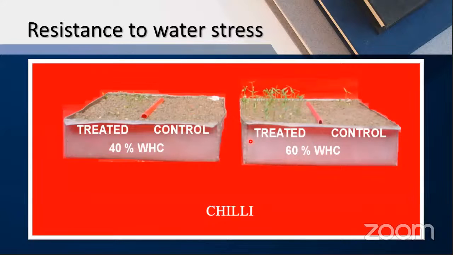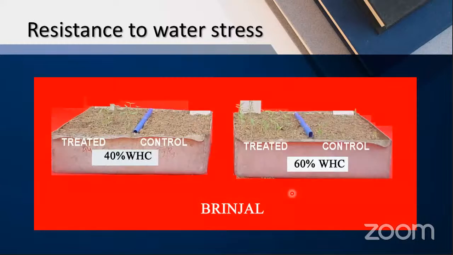But under 60% water holding capacity, when you have some more water added to the sand, you can see the control has germinated to 1 or 2 seedlings. Here, there is a full complement of emergence in the primed seeds. So this is how priming helps the seeds to withstand suboptimal temperature as well as suboptimal water or water stress. The same thing you can see with brinjal also.